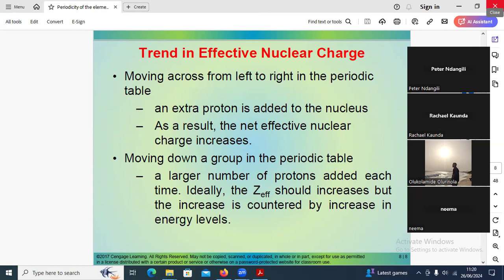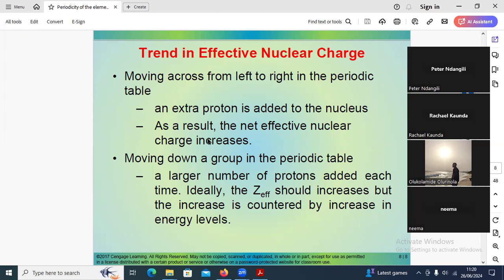When you are moving from lithium to beryllium, boron, carbon, and so forth, you are increasing the number of protons, and therefore the nuclear charge is increasing, which means that the effective nuclear charge is also going to increase. Therefore, as you move across a period, the effective nuclear charge increases.